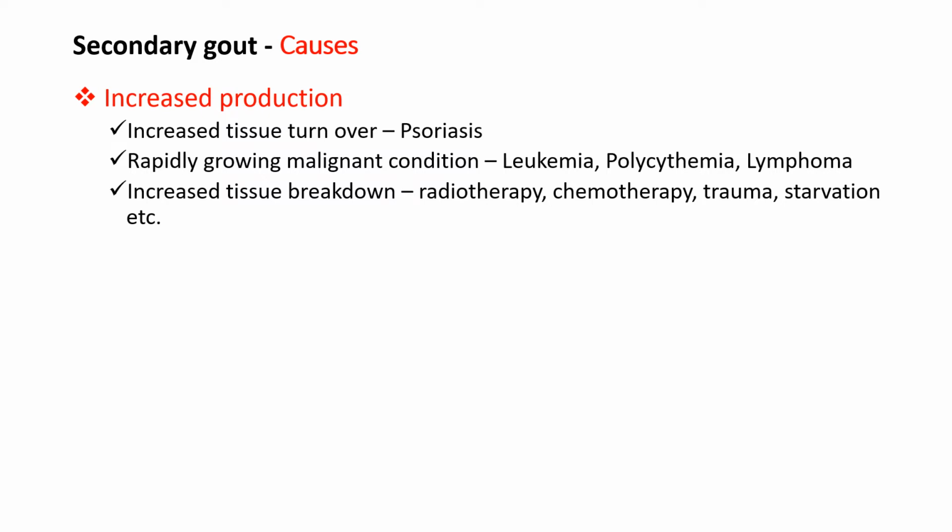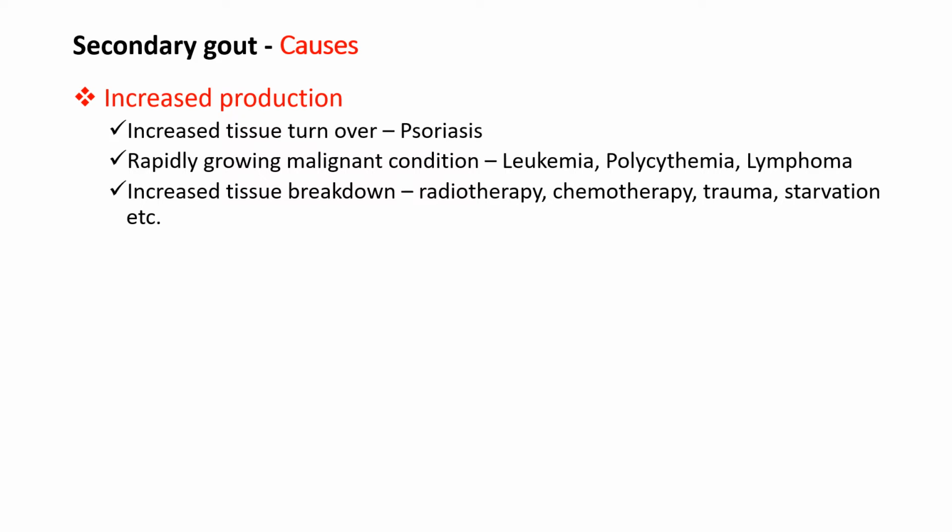Conditions where there is increased tissue turnover, for example, in a dermatological condition like psoriasis, or cancerous conditions like leukemia, polycythemia, or lymphoma, where there are rapidly growing malignant cells, or when there is increased tissue breakdown.